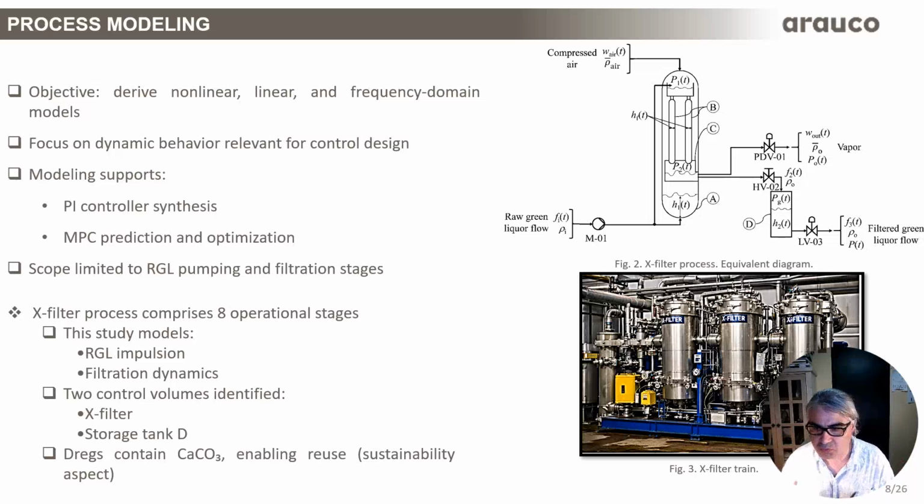In addition to process modeling, the system offers sustainability potential, as green liquor dregs contain calcium carbonate that can be reused in ceramic applications, for instance, but not in this case. In this case, it's just an output, but it's not of interest in this study.